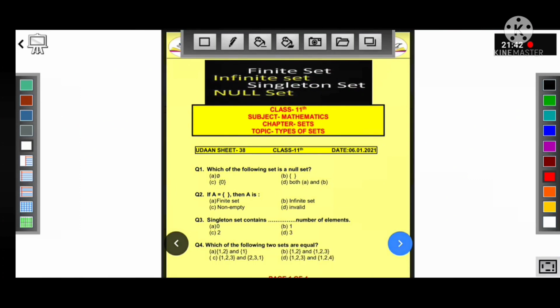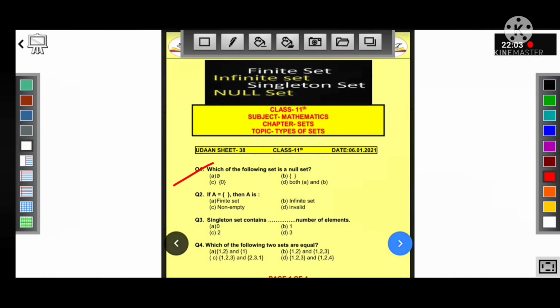Now next questions. Finite sets, infinite sets, singleton set and null set. These questions are related to these topics. First question. Which of the following sets is a null set?